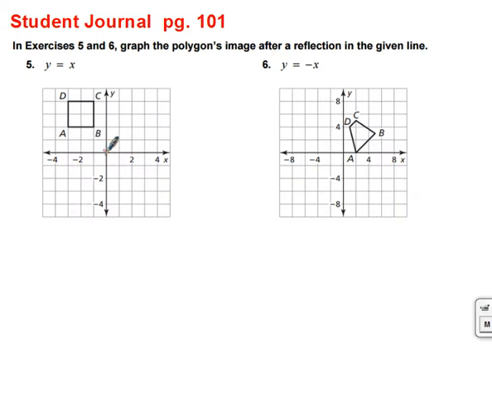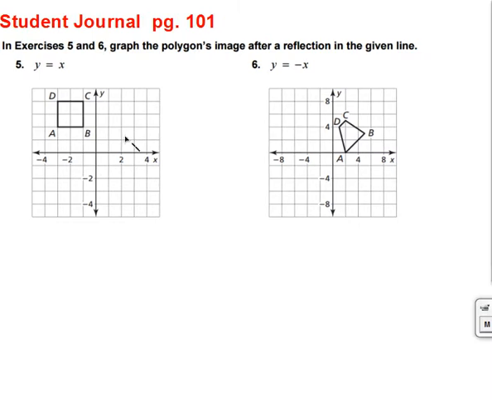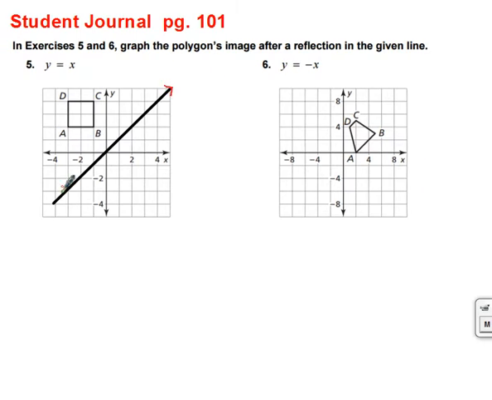Alright, this would like us to graph the image after the reflection over the given line. So keep in mind that it is asking us to go over the line y equals x. So that is where it has a slope of 1 and goes through 0, 0. So I would stop and I would draw in this line onto your graph. Now if we think about this, point A is the point (negative 3, 2).